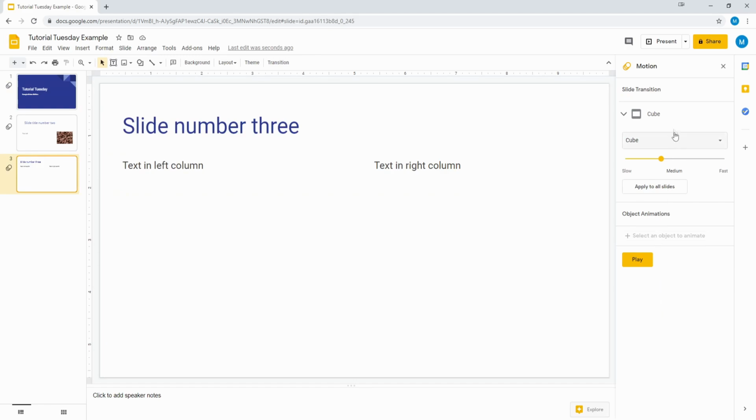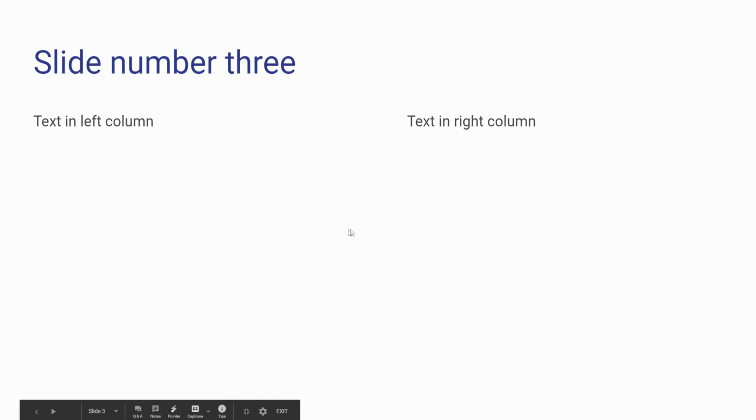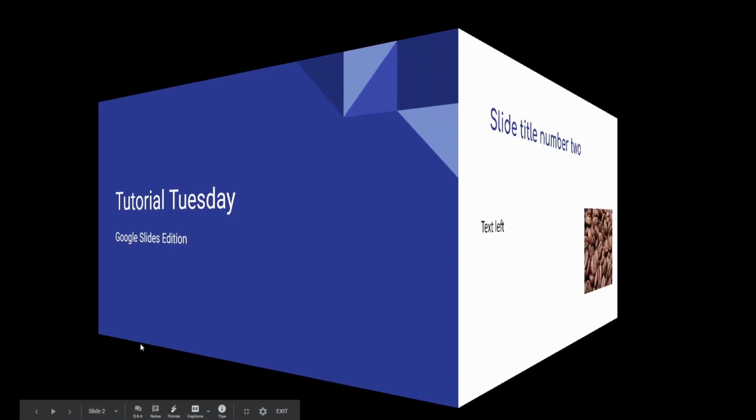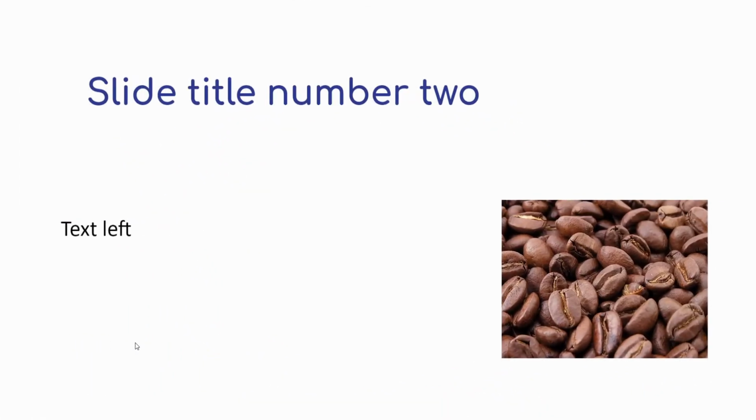Then if you want to see how your transitions will look, go ahead and hit present. We'll start with the first slide. And every time you click, it will go to the new slide and you'll see your nice, neat new transition.